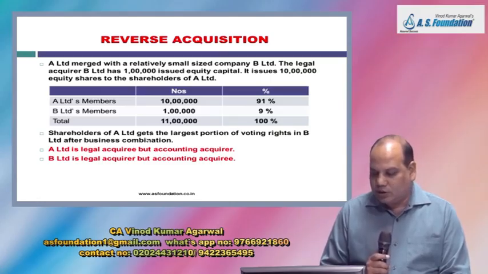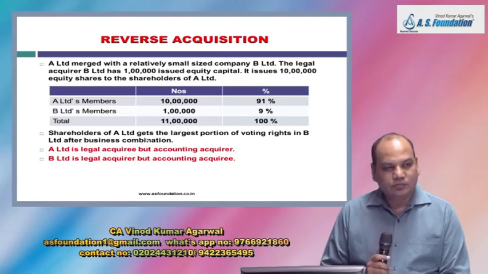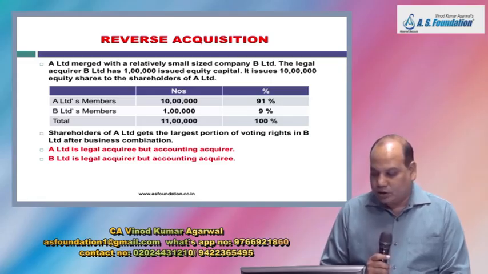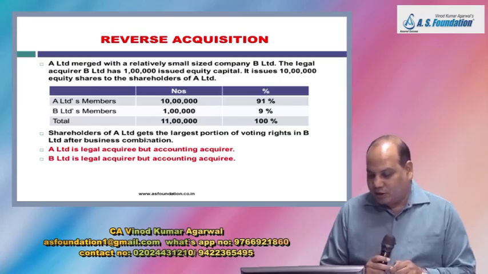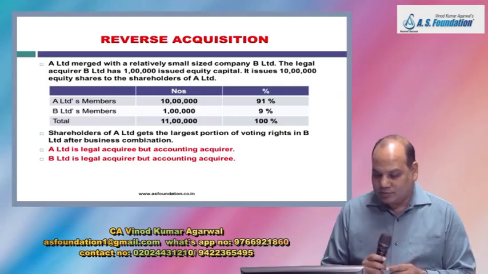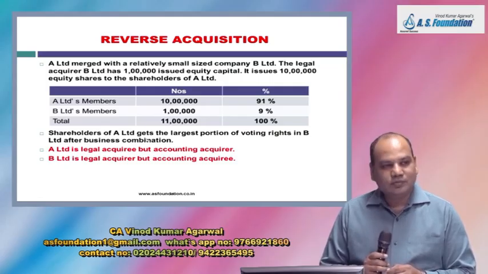A Limited is a legal acquiree, but accounting acquirer, right? And B Limited is legal acquirer, but accounting acquiree.